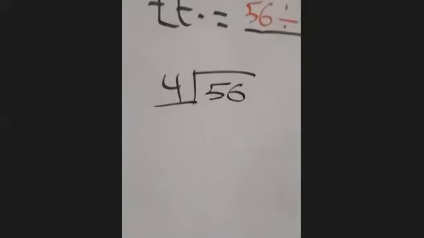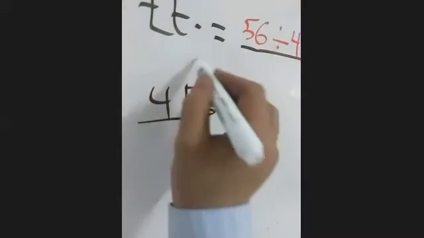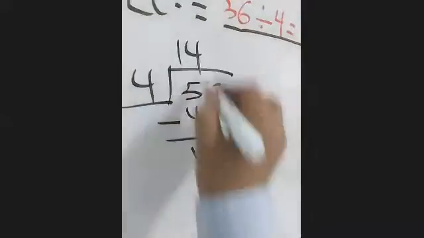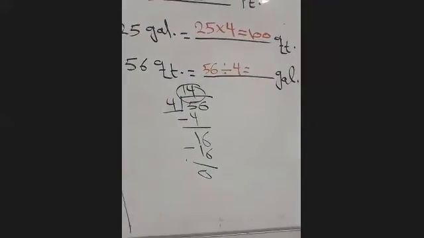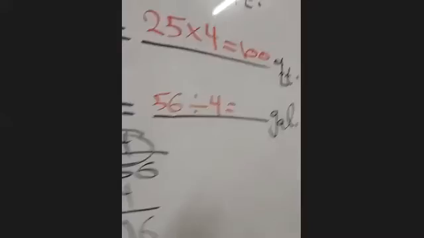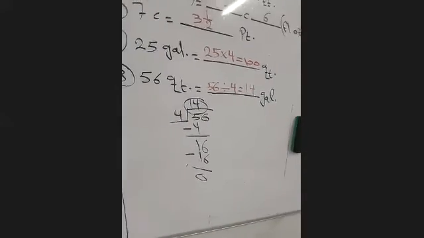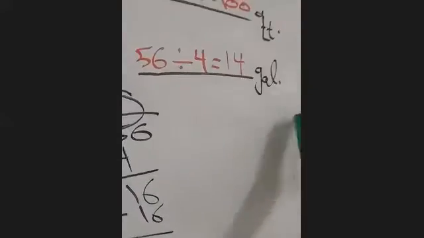Do you know how to divide? 1, 4, subtract, 16, 4. 14. So what's the answer? It is 14. No remainder. So 56 quarts is 14 gallons.